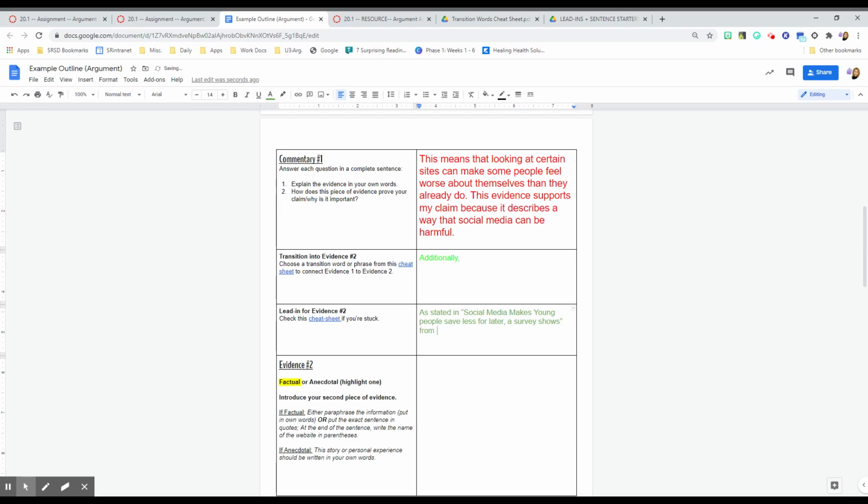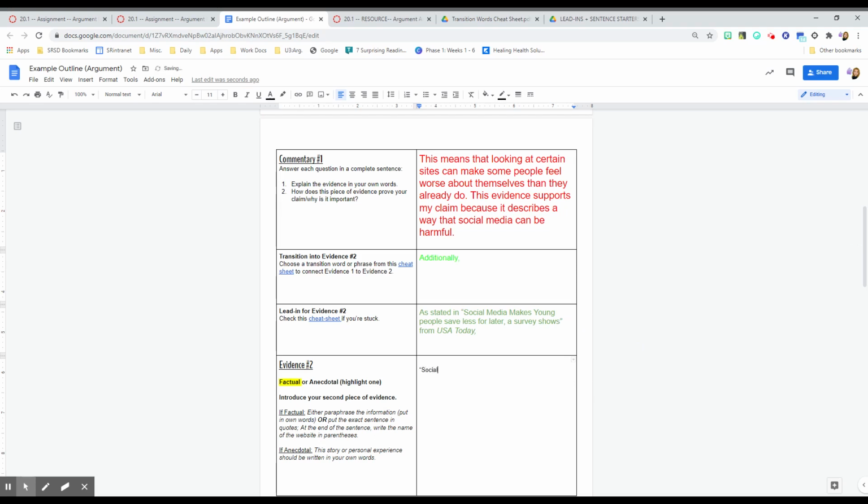And this was something from USA Today. And I'm going to italicize that because that's the name of a company. Okay. So additionally, as stated in Social Media Makes Young People Save Less for Later, a Survey Shows from USA Today.